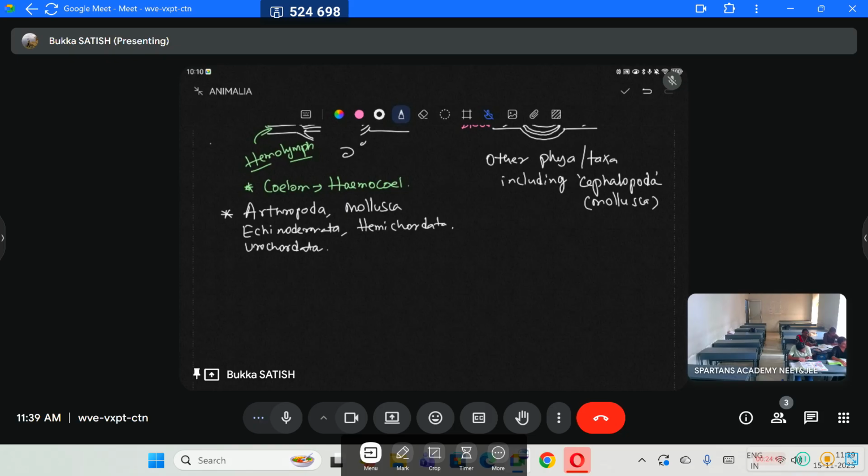So symmetry is done. My next is germ layers. As we know, the complete animal's development will be from the germ layers. Depending on how many germ layers are present, we have two different types of animals. What are they?